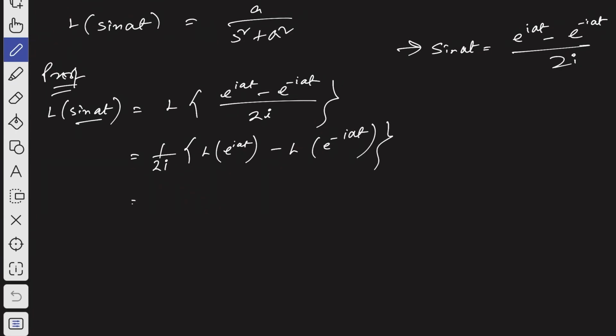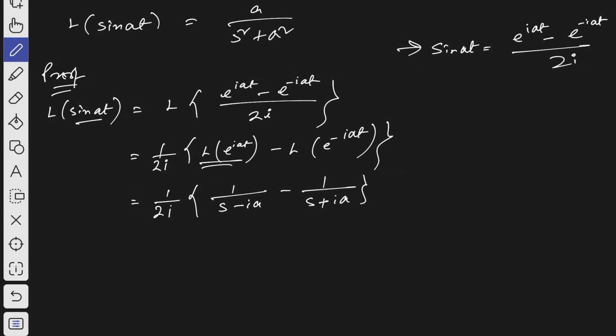So let us use those results: the Laplace transformation of this is 1 by s minus ia, then we have minus here, so 1 by s plus ia.